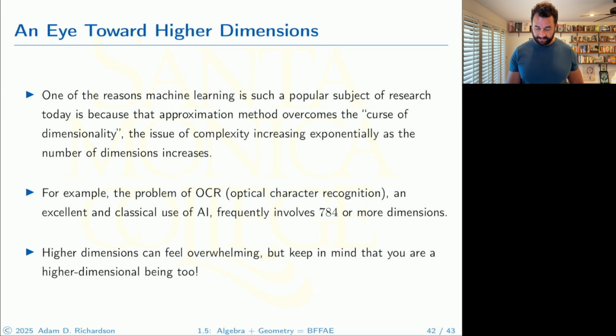It's looking at the physical number and symbols that you wrote down, and it's converting them into text characters. But even for something like that, it often involves 784 or more dimensions. Yeah, 784 dimensions to do something like that. And that's why we love computers. That's why you've got to embrace technology, because that's not something that a human can handle, but a computer can handle it very well, right?